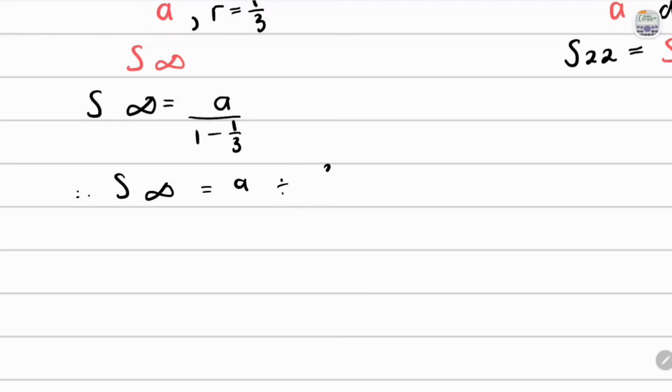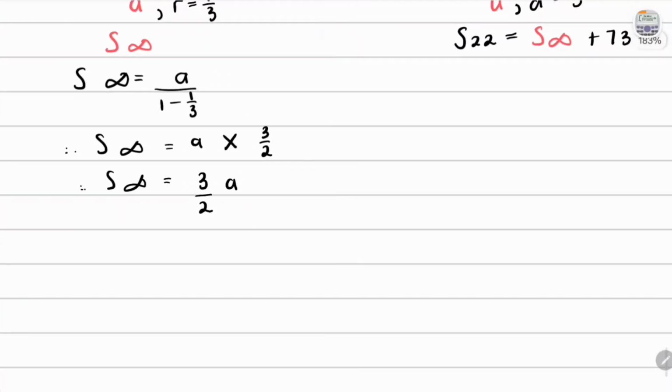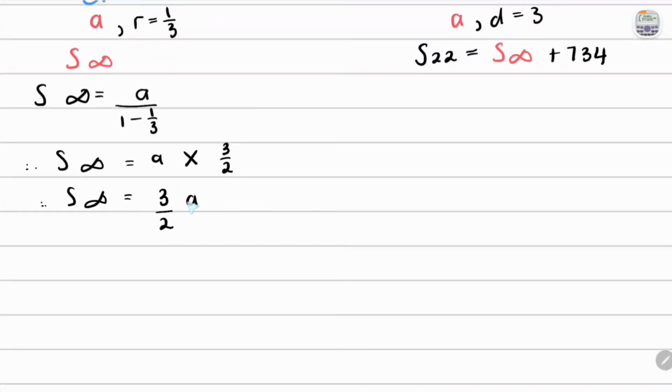So you would tip this, meaning swap the numerator and denominator, and change the division to a multiplication. So that means that the sum to infinity is equal to 3 over 2 a. We can just call it that. So we know what the sum to infinity is here, 3 over 2 a, and we know that a here is a here as well.